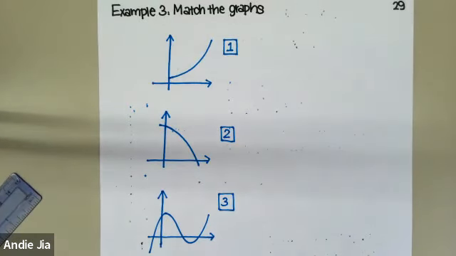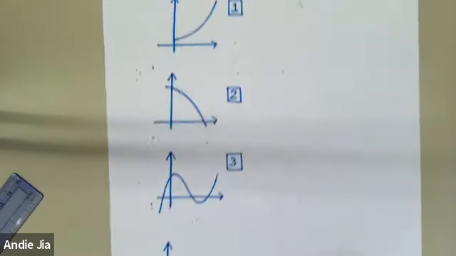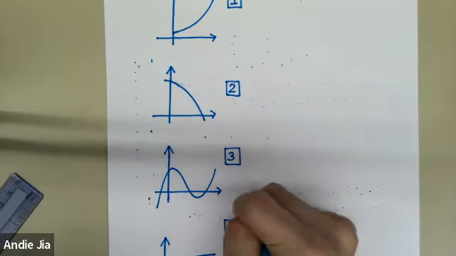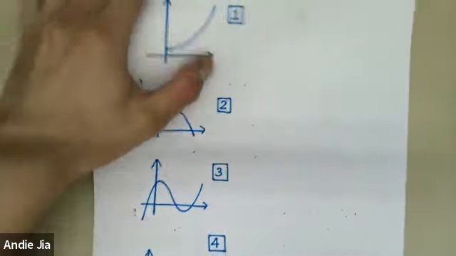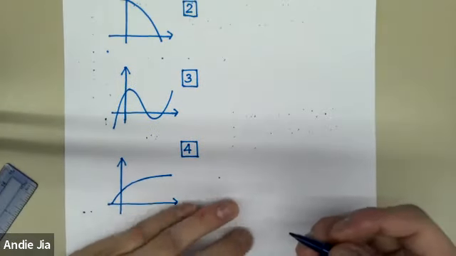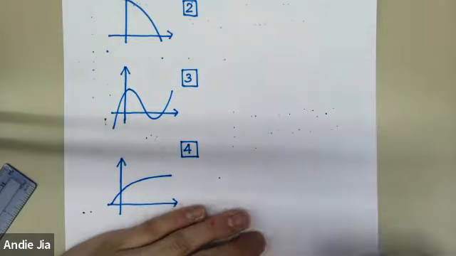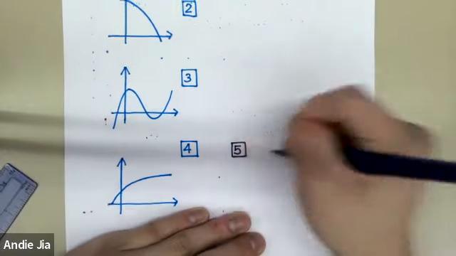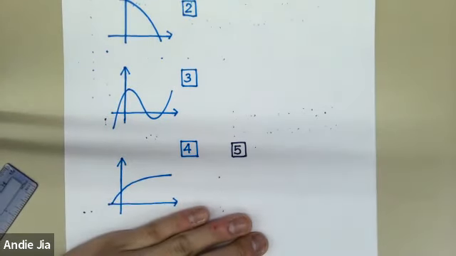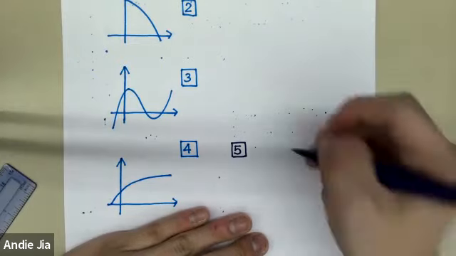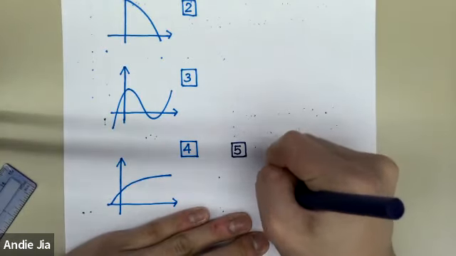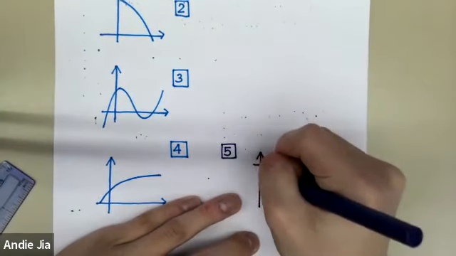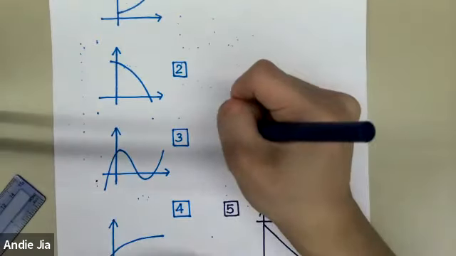Then look at number five, sort of like the slope here, because number five is, just want to make sure, for six.